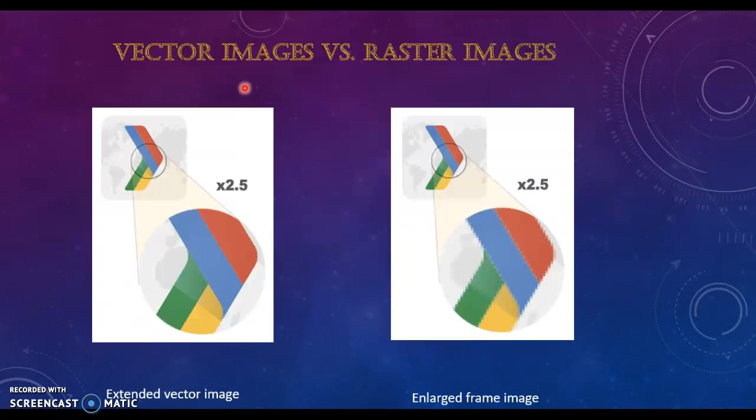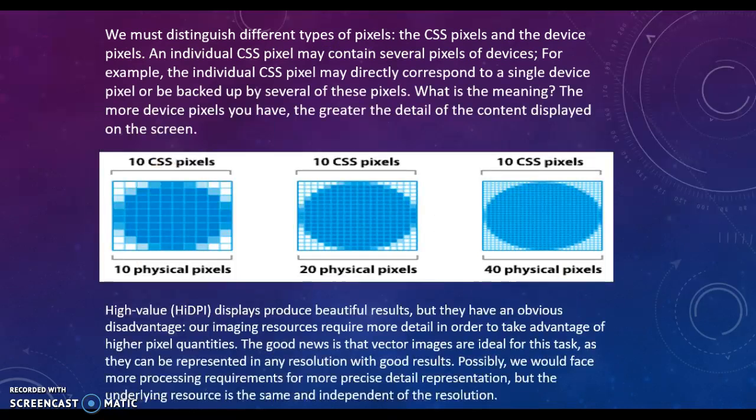Vector images. Here is another example, where an enlarged vector image is nice and better than an enlarged raster image. We can see the pixels here. We must distinguish different types of pixels, like in this example.